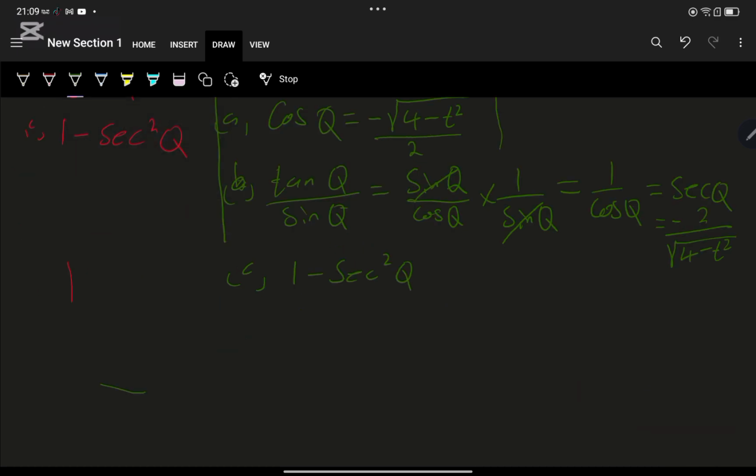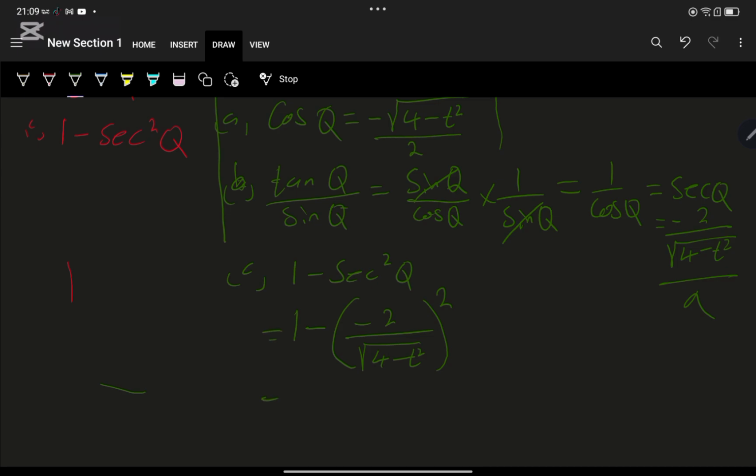Question C says 1 minus sec squared q. So sec q is negative 2 over the square root of 4 minus t squared. So it was calculated here. Now it is squared.